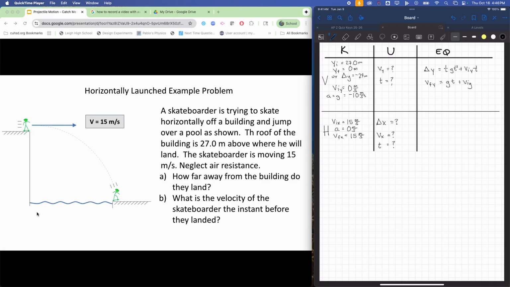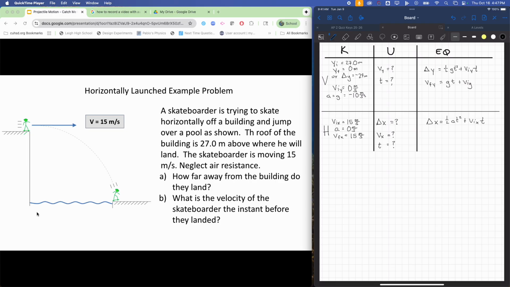And then for the horizontal motion, we know that the change in position is equal to 1/2 a t squared plus V initial x times t. And the velocity isn't changing, so there's no need for a speedometer equation. Okay, how far away from the building do they land? What is the velocity of the skateboarder the instant before they land?